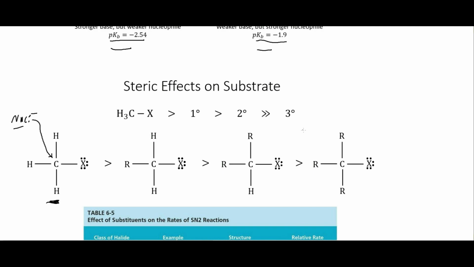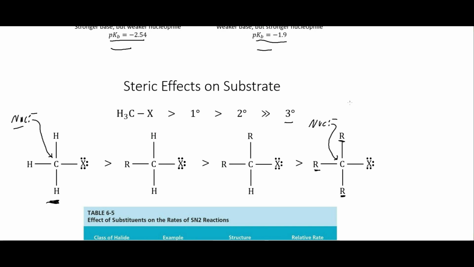Whereas if we go to this tertiary carbon, when the nucleophile is trying to come at this carbon, these bulkier R groups are going to block it from actually accessing that carbon, and so it's going to slow that reaction down.